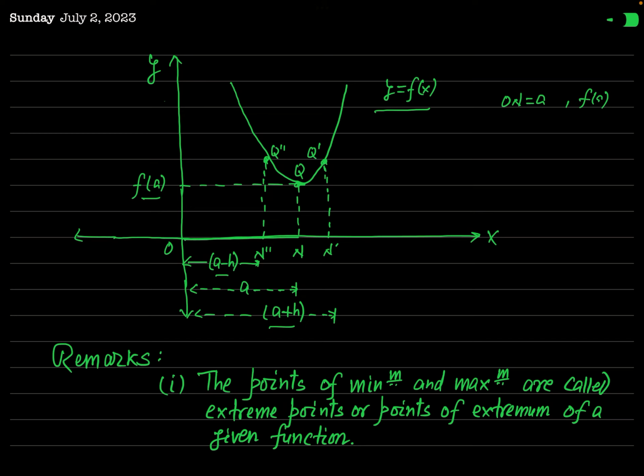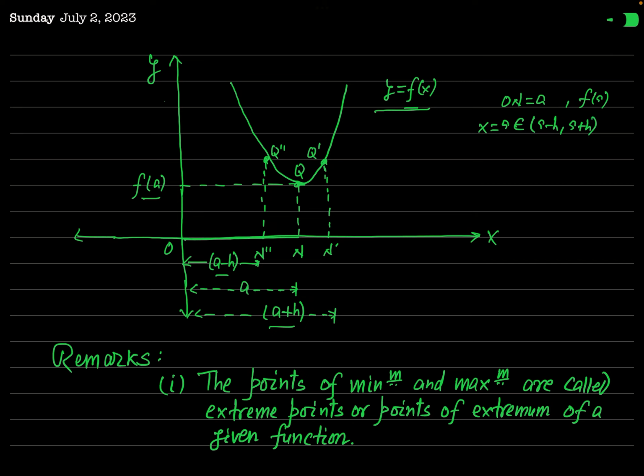Now, you can say that this function y equal to f of x will have a minimum value at x equal to a, where a again belongs to the interval a minus h, a plus h.